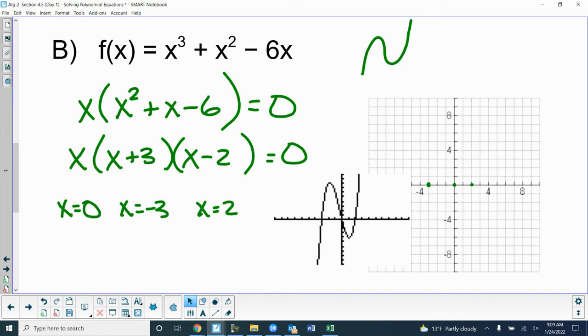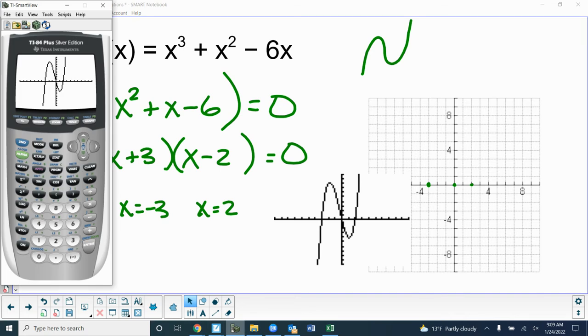Okay? So again, you can use your calculator to find those to help you if you want. You could go second graph for the table, and we can look for these zeros. Okay?